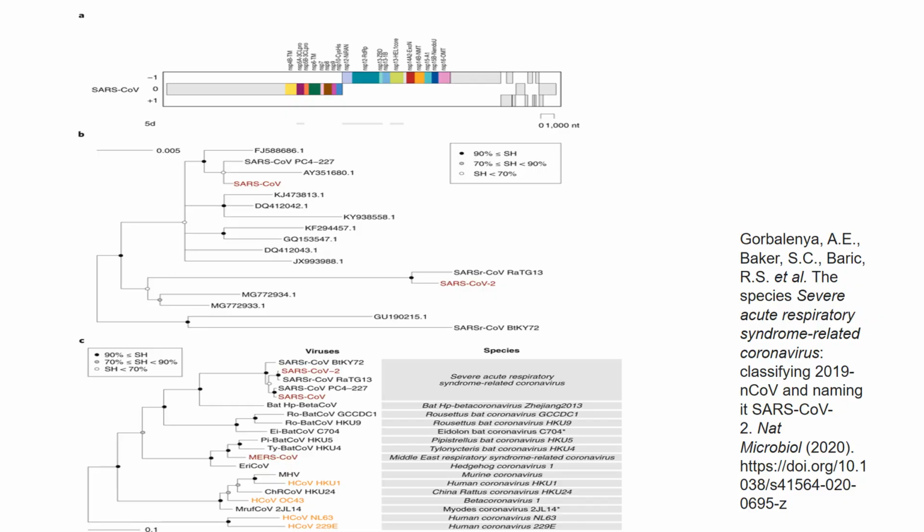So this paper by Gorbalenya, published in 2020 in Nature Microbiology, shows some of the key genetic aspects. The first diagram on the top just shows areas that are identified as sequences that can be used to identify the virus, and that's the basis of the diagnostic procedures that are used with PCR.